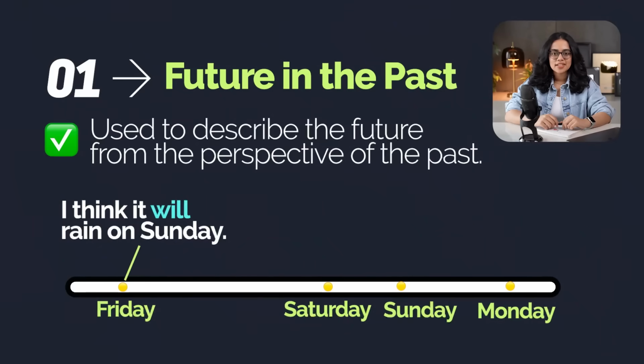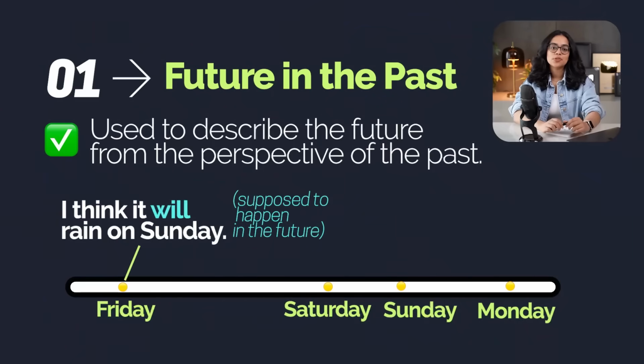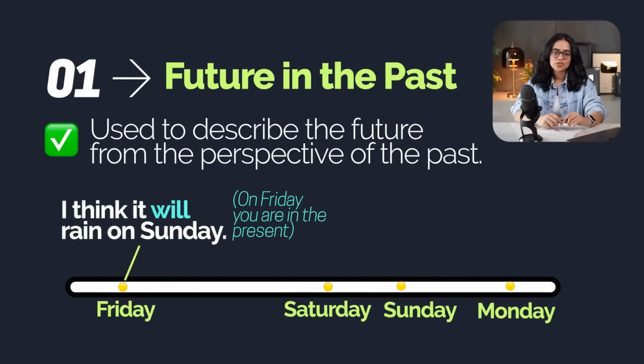And on that day, you were talking about something that was supposed to happen in the future. It means you expected it to rain on a Saturday or Sunday. Now, this sentence is correct if you're saying it on Friday, because on Friday, you're in the present and you're talking about a future event that is either to happen on a Saturday or Sunday.